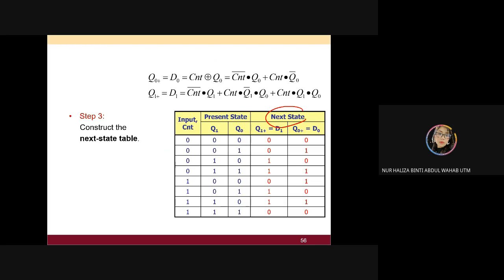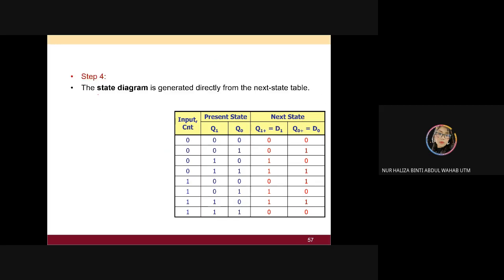After you're done with your next state table, step number 4, the last step, is to construct the state diagram. How? We need to go slowly, one by one.